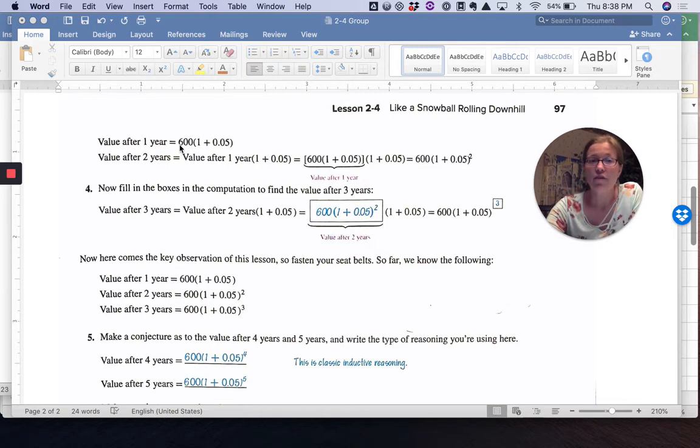So then after year 2, we take the value of year 1 and we do the same thing again. The value of year 1, remember, was this. And then when we do a little bit of algebra, rewriting it, it looks like that, nice and pretty. So after year 3, we take our new balance and do the same thing, 100% plus an additional 5%. This was the value after 2 years.